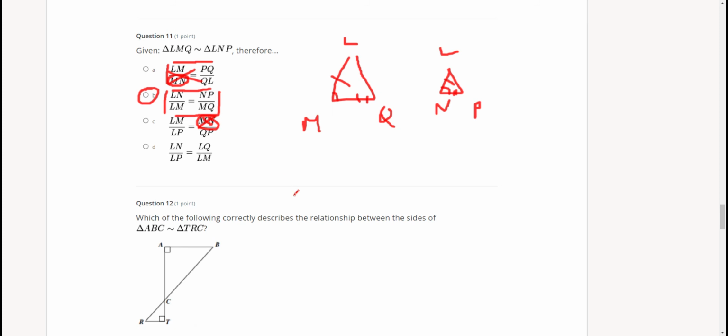They just have to match. So yeah, the LN and LM, if they're next to each other in their proportion, they have to be related in the picture. So they either have to be in the same triangle or they have to be corresponding parts. So like LM and LN are in that same fraction right here. And then NP, this side, and MQ are in the same fraction.